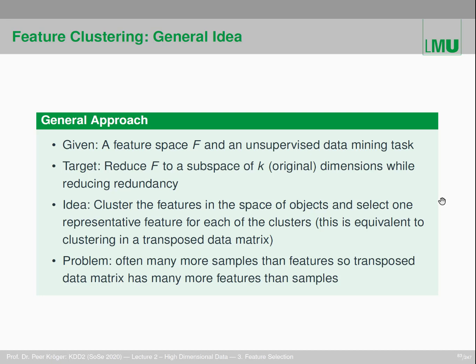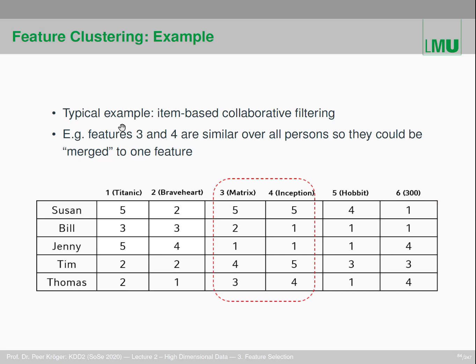So here's a typical example in item-based collaborative filtering. For example here, features 3 and 4 are similar over all persons, so they could be merged into one feature.